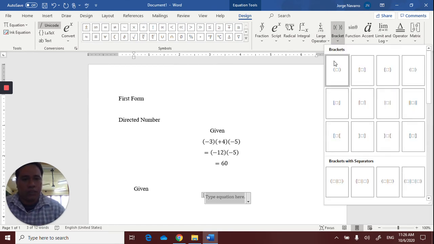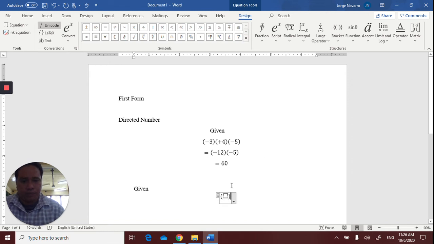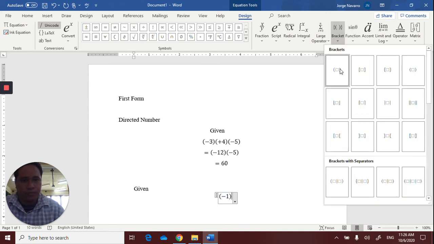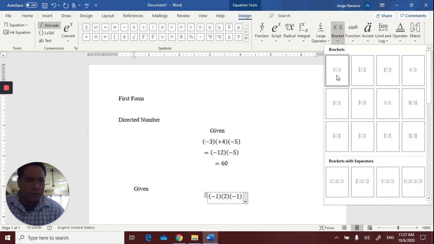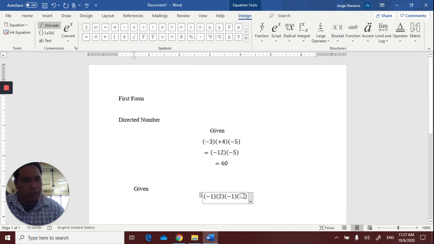And so this one says -1 times +2, I'm not putting the symbol there, times another -1 times -3 times +1.